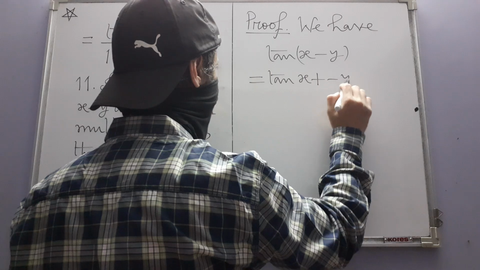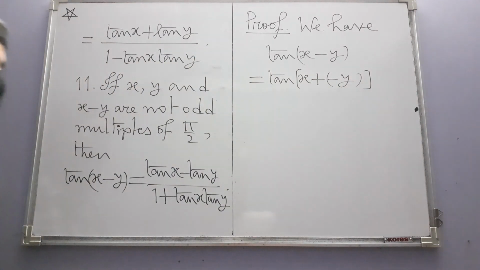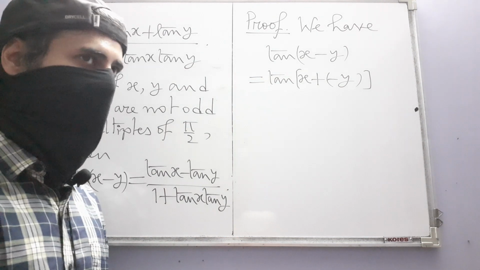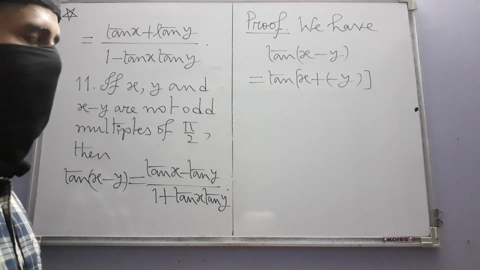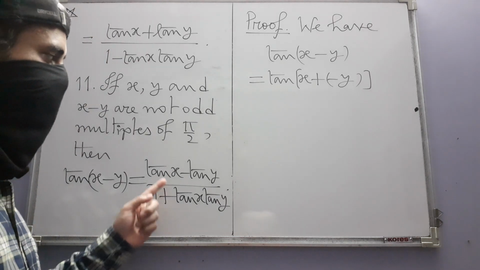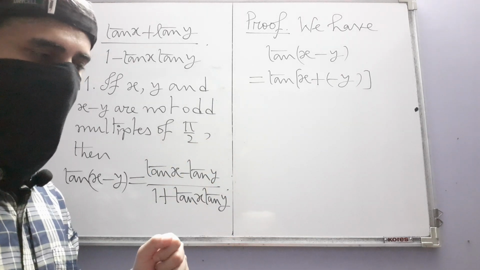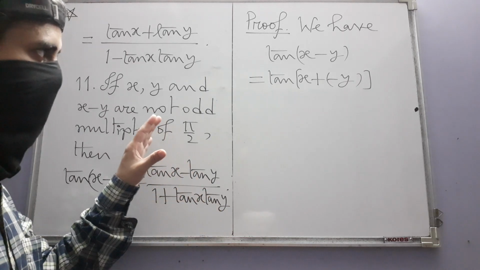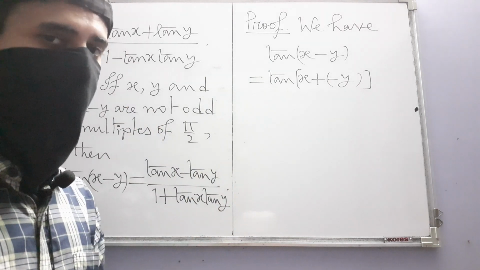x plus minus y. Now there is a very little thing which is so small that it is easy to ignore it. And that thing is that whenever you apply some formula or some result or some theorem somewhere, always make sure that everything that the theorem requires is true.